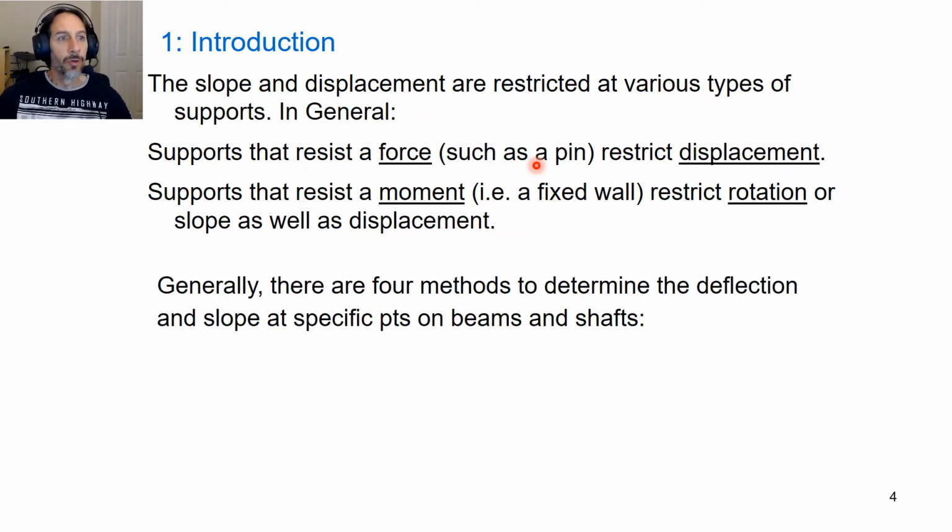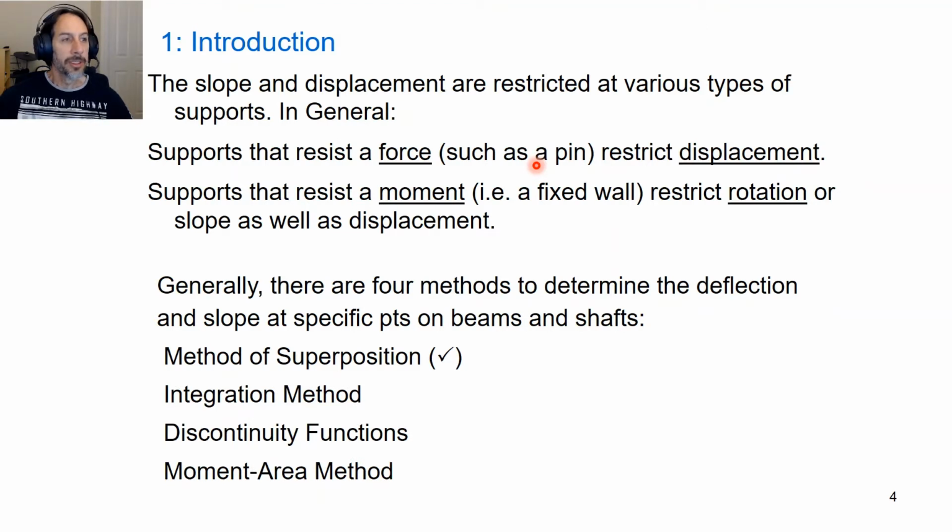And generally we have four methods to determine the deflection and slope at specific points on beams and shafts. So method of superposition, which we're going to look at in this lecture and in this subject, and the other three methods are the integration method. So you would have studied this in mechanics of solids.